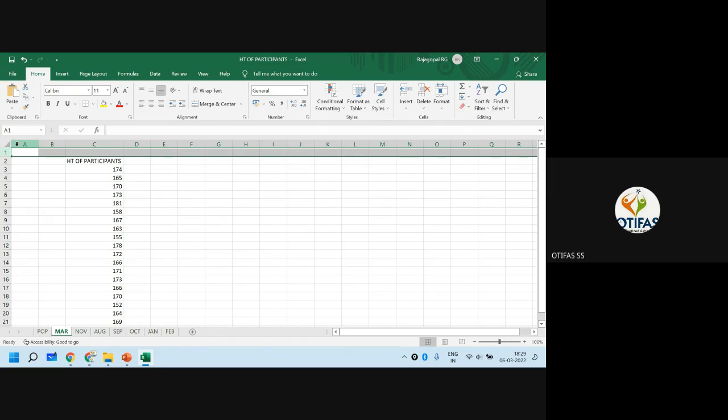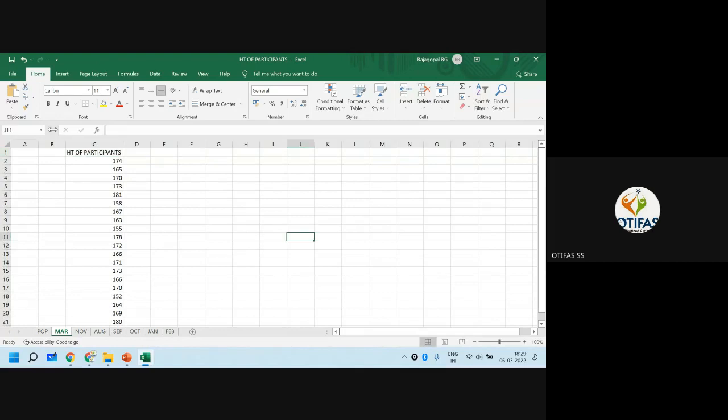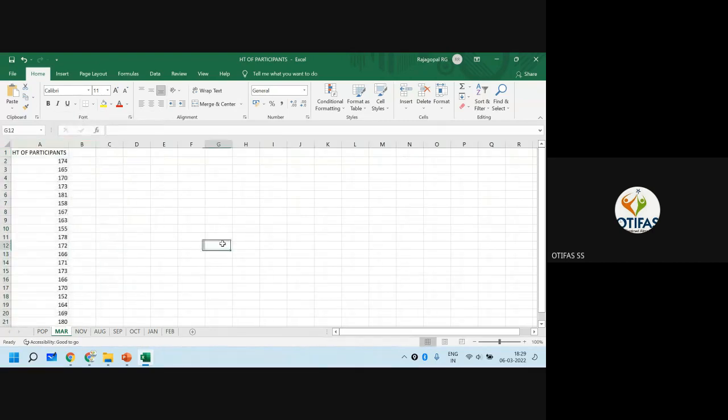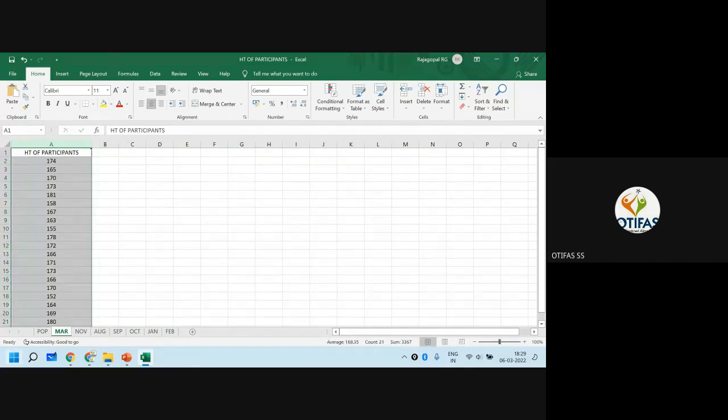This is an observation, isn't it? Data is record of actual observation. Now, what is this observation that we have made? Height of participants in my March batch. So can I call it as data or not?